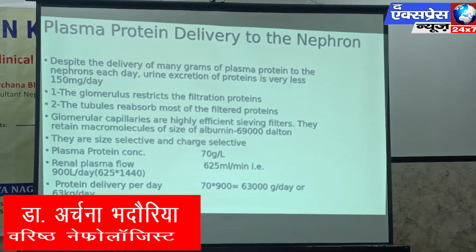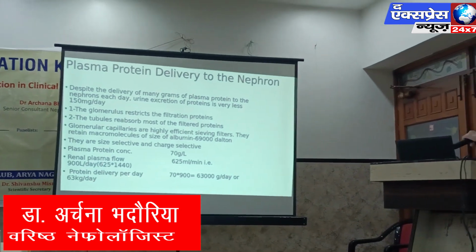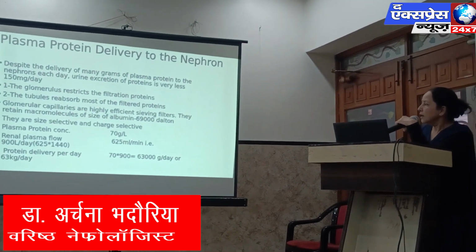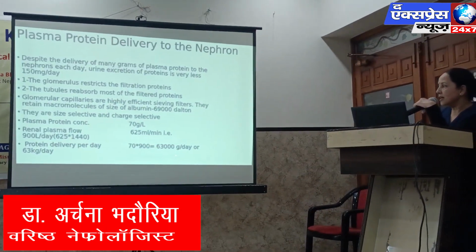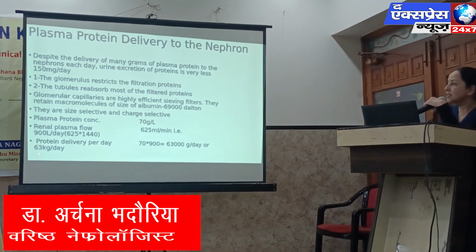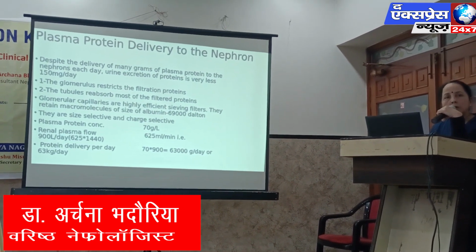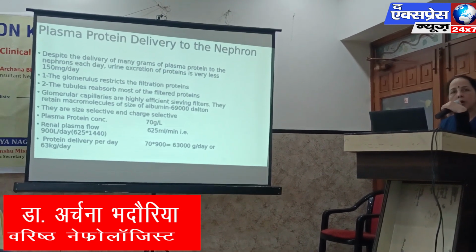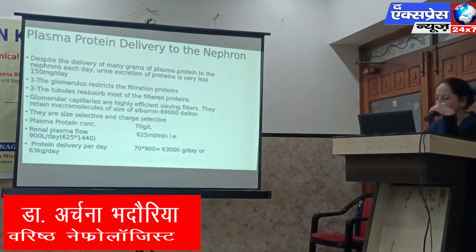This much plasma is presented to the kidney in one day. So the protein delivery per day would be 70 gram into 900, that is 63,000 gram per day, or 63 kg per day of proteins presented to the kidney. But the amount which is excreted finally is less than 150 milligrams.